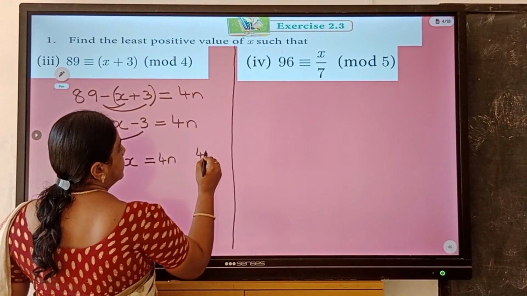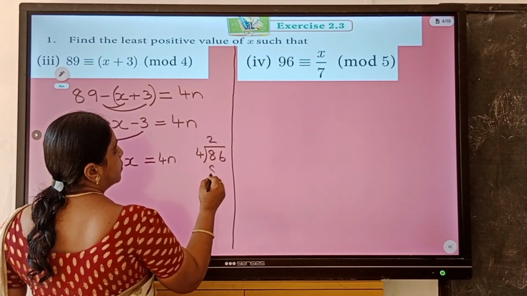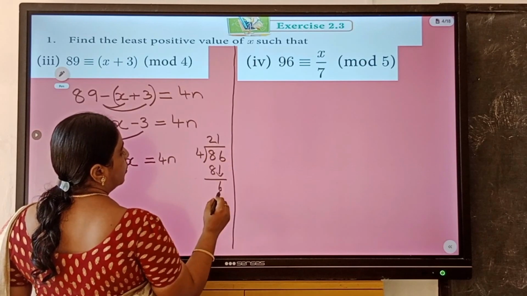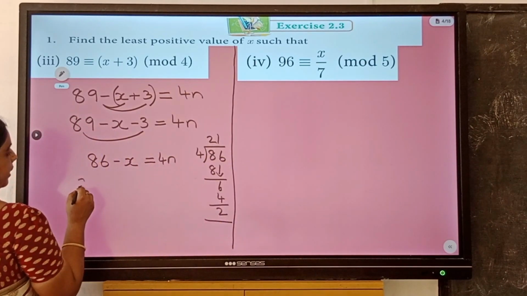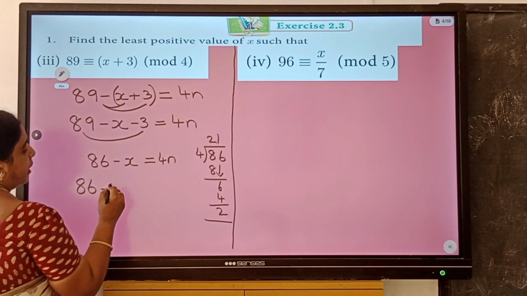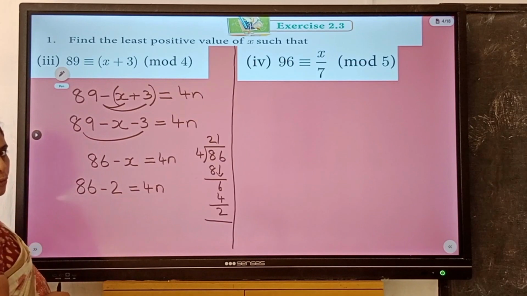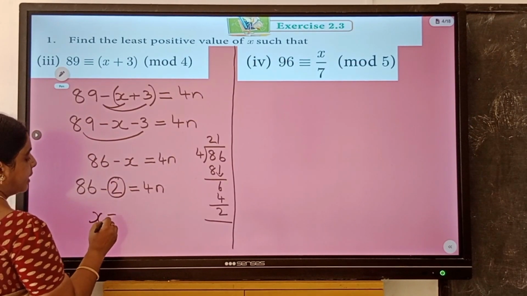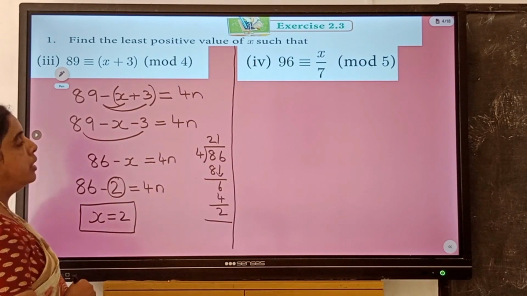So let's divide and see. 86 by 4. 4 twos are 8. And the next number 6. 4 ones are 4. Your remainder is 2. So 86 minus 2 is going to be a multiple of 4. So in the place of x I have written 2. So that is my least positive value.